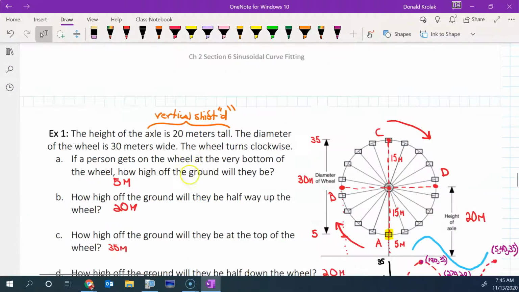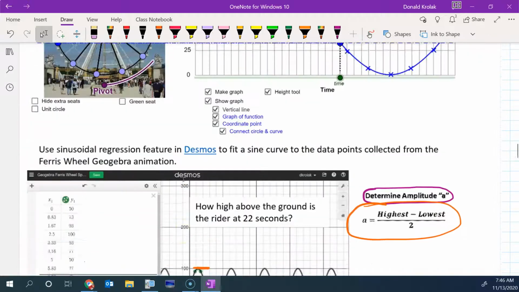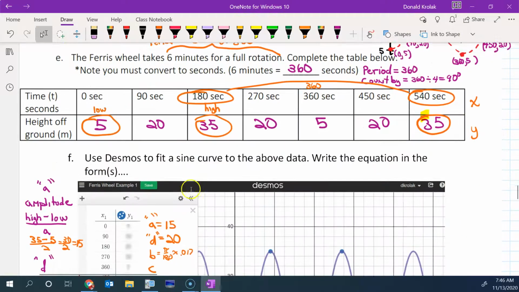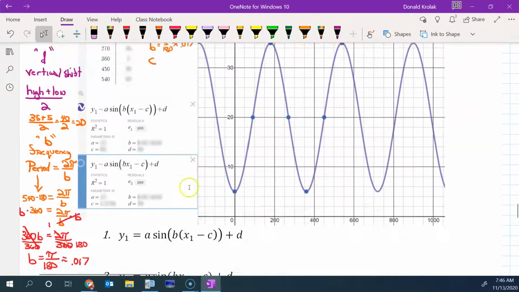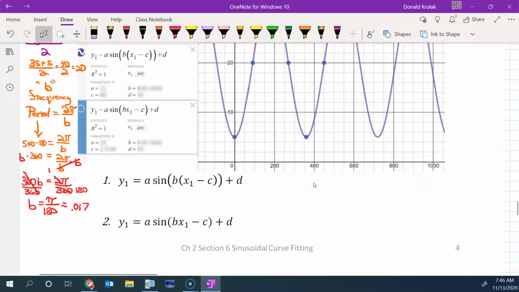All right, so let's go down to this here. To determine the phase shift, you're going to use the period of the data, which is 360, and you're going to divide it into 4 sub-intervals of equal length. So when I do C here, this is the phase shift.